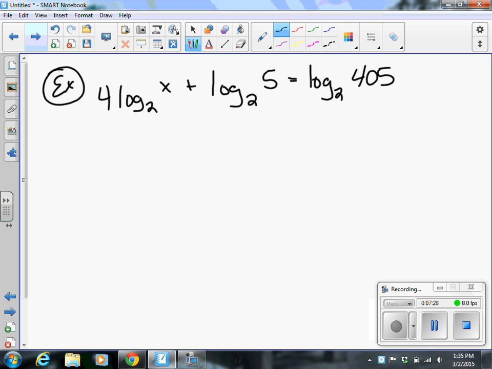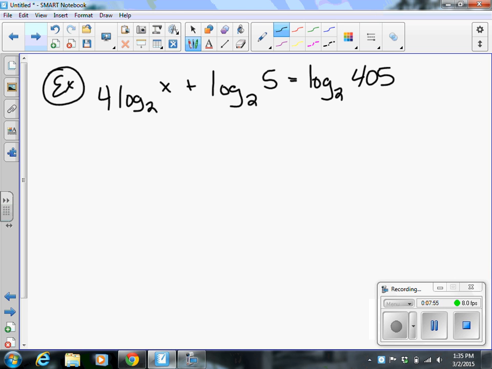Okay, this is just like algebra. If I were to think of the log here as parentheses, you'd have the same process. So I would really just kind of take it out. You'd have 4x plus 5 equals 405. It's kind of like that, but I got a situation here that's a little bit different based on my properties.